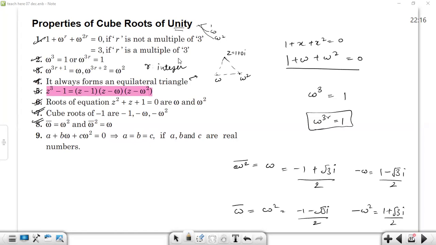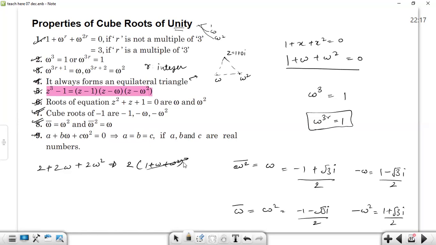Let's now go to the next property. a plus b omega plus c omega square is equal to 0 only and only if a is equal to b is equal to c, and a, b, c are real numbers. Let me give you an example. If I say 2 plus 2 omega plus 2 omega square, we can take 2 common and get 1 plus omega plus omega square.